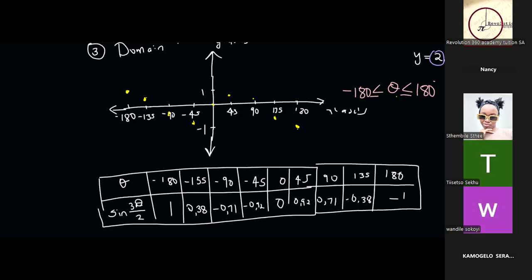Now it's much easier to draw the domain and the range, because there's no way you can interpret the domain and the range if you don't know how to draw the graph. So since that is our graph that we have now drawn, let's continue with writing the domain and the range.